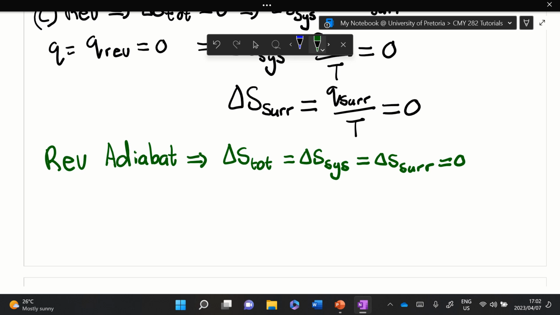Okay, so I think that was the questions we had to do. Yeah, that was only A, B, and C. And it also gives you a nice little summary now of, you should be able to start summarizing the different entropy changes. So you know what to do for a reversible adiabat, for an irreversible adiabat, for an isothermal reversible expansion, for an isothermal irreversible expansion.